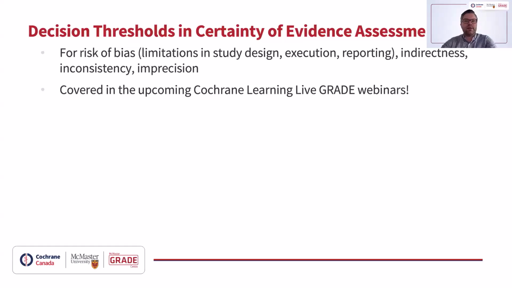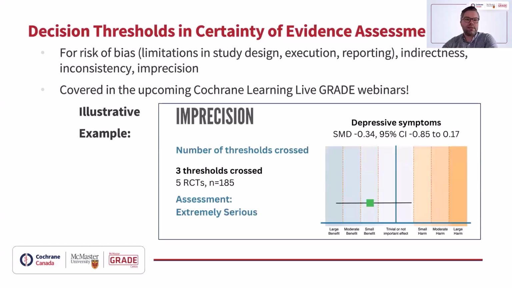I'll show an illustrative example now, but the details of applying thresholds and applying GRADE to rate the certainty of evidence within each of these domains will be covered in the future webinars. But just as an example here, for illustration, if we're considering the domain of imprecision, according to the GRADE guidance, we consider a number of thresholds crossed by the 95% confidence interval of our pooled effect.